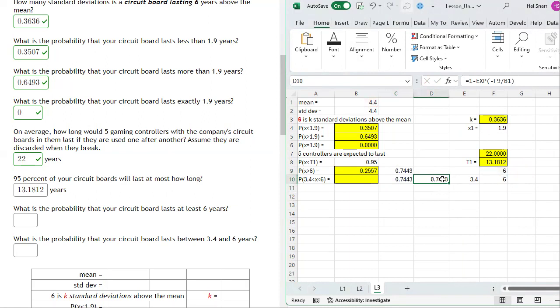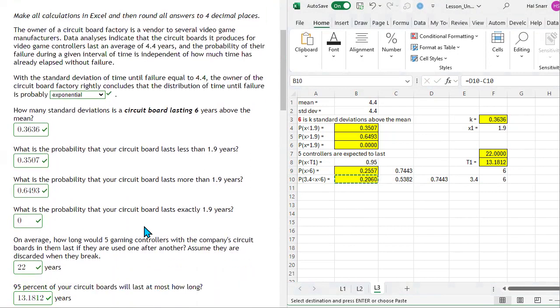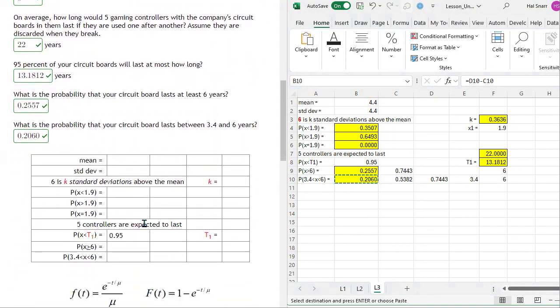So this one, I want the probability that we're less than 6, right? Which again is 0.7443. And I want the probability that we're less than 3.4, right? So the probability of being between 6 and 3.4 is the difference in these two cumulative probabilities, right? So this goes here and this there. So that's the exponential distribution function.